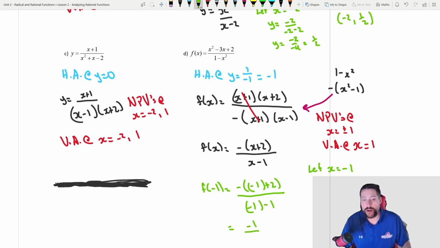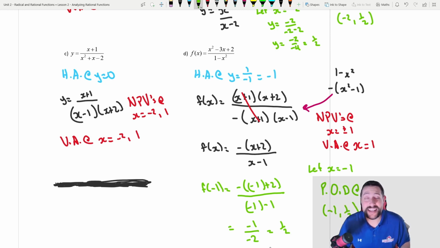The numerator is divided by -1 minus 1, that's -2. So this is equal to 1/2. So the point of discontinuity is at x is equal to -1 and y is 1/2. Make sure you state it as an ordered pair, as a coordinate. Your point of discontinuity is at, and make sure you put it in brackets, (-1, 1/2).